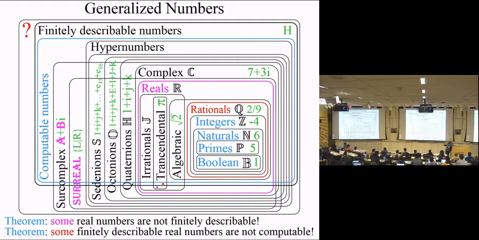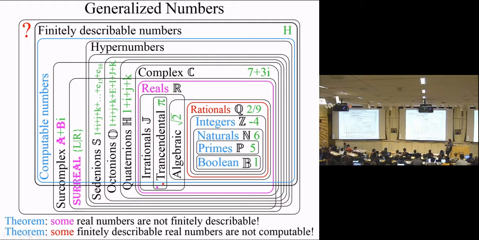There's no finite description to describe them. And so these numbers here in purple are in this region, right? They're real numbers, so they're in this purple oval, but they're not describable. So the finitely describable numbers are this boundary here in this Venn diagram, and these are right outside that boundary.